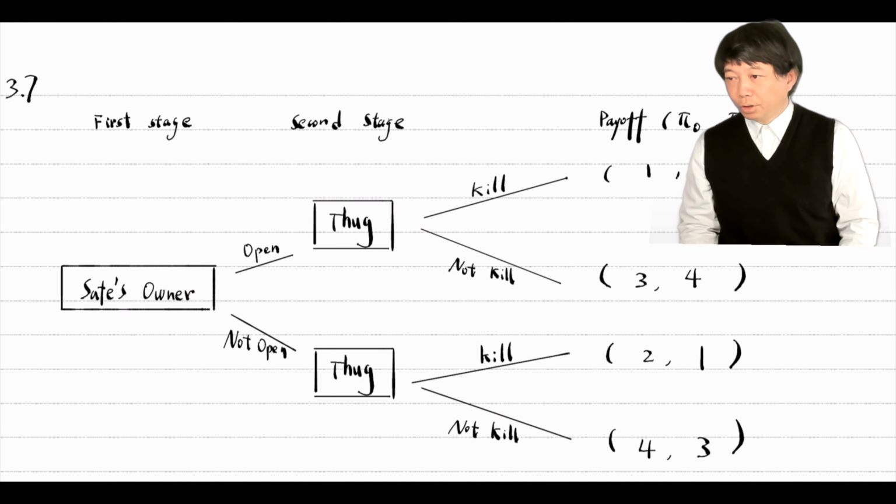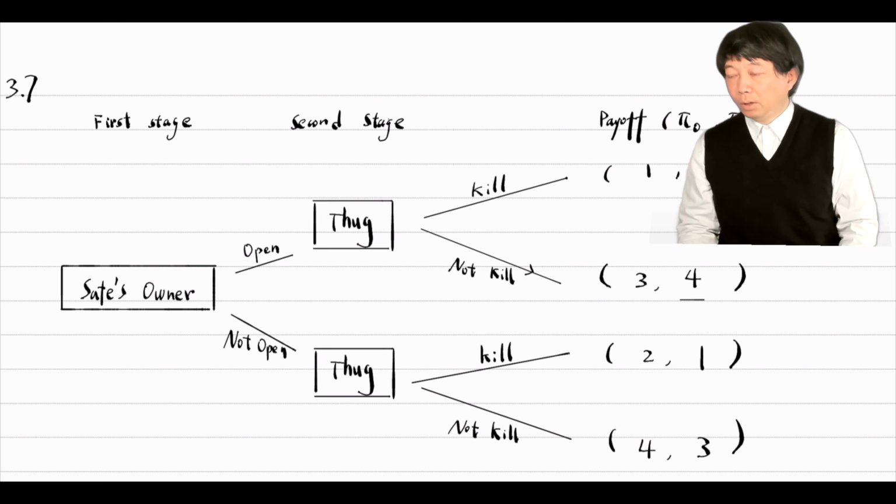There are two stages in the game. We first consider the thug's strategy in the second stage. Given that the safe's owner opens the safe, the thug gets 2 if he kills the owner, but 4 if he does not kill. His best response is not to kill. We underline his payoff 4 and add an arrow on the path.